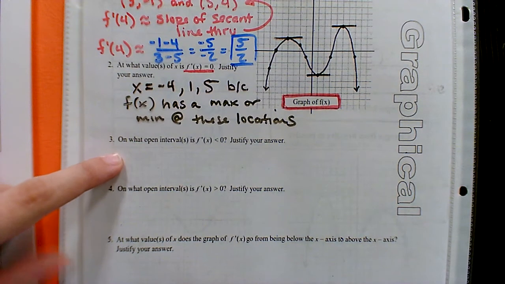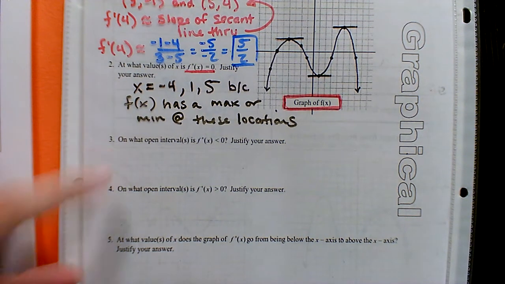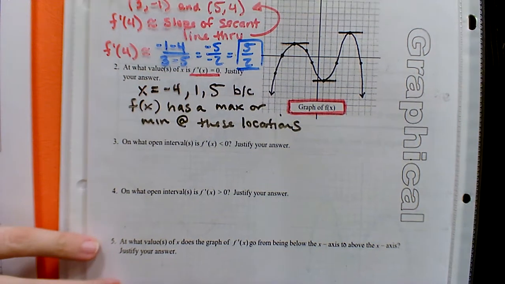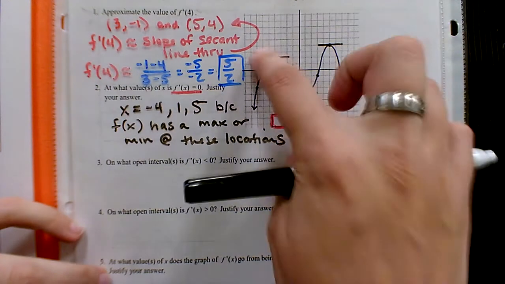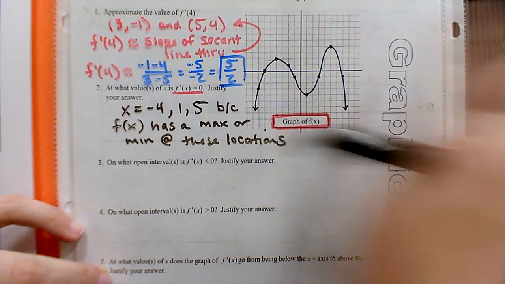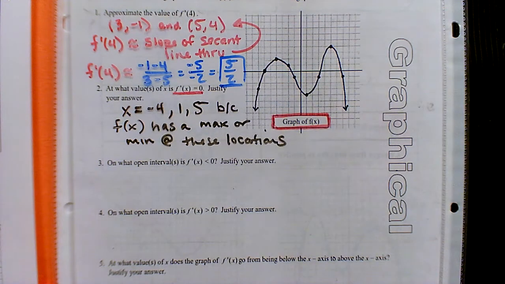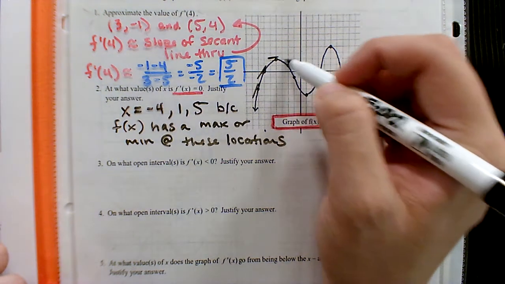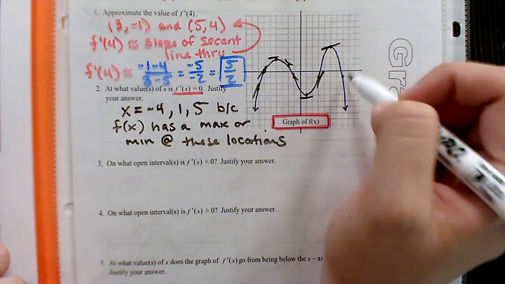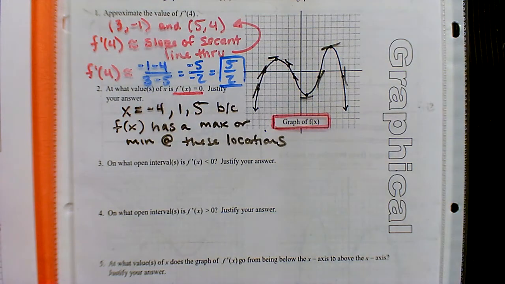Okay, let's go ahead here. On what open intervals is the slope less than 0, aka negative? So if you were to draw in your tangent lines, okay, maybe we'll do that quickly. If you were to draw in some tangent lines, which one of those would have negative values? Can you give me an interval, like a beginning and ending point?